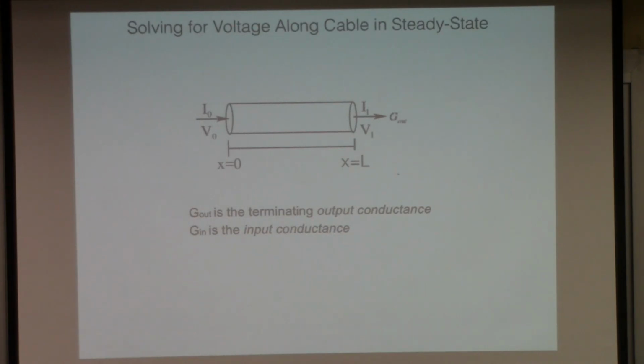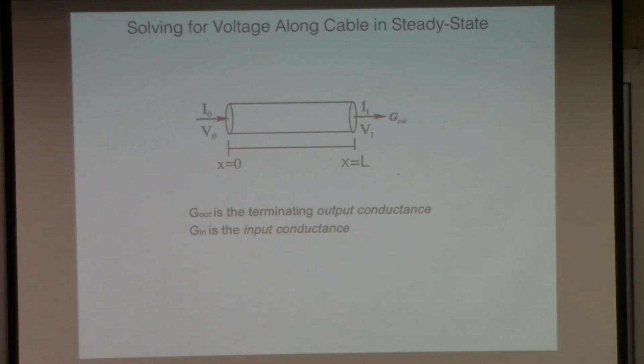And it turns out that there is an important parameter that is a property of this cable that is needed to solve these equations in order to get this voltage profile. And that parameter is this thing called G out. This unreadable script here is out.